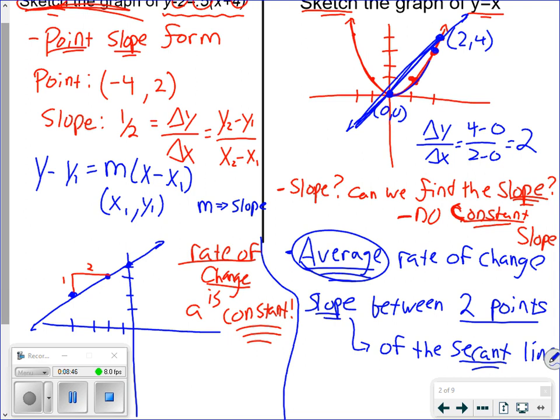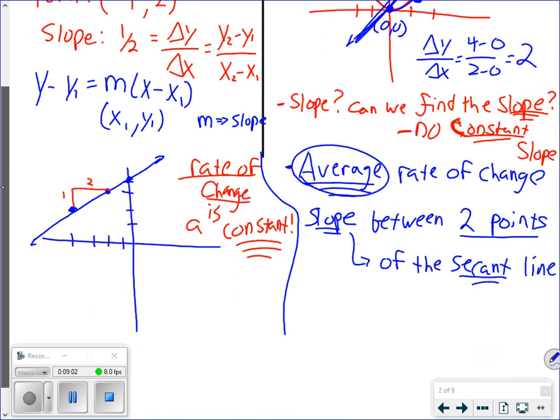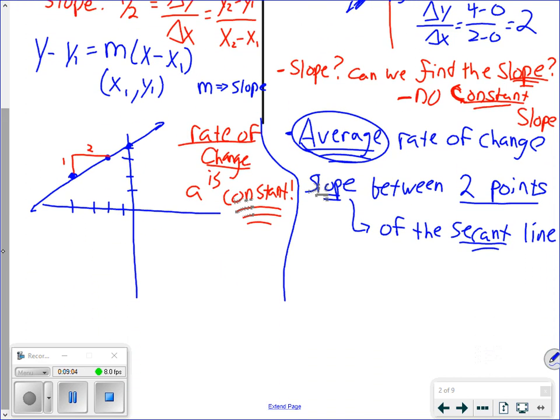Okay? But what we're going to learn in calculus is I don't want to know the average. I want to know the exact slope at this point, or the exact slope at this point. Okay? Well, we can't just do that by doing y2 minus y1 over x2 minus x1, because it's constantly changing. But the big idea that we're getting here is how are we going to be able to find the slope at an exact point?